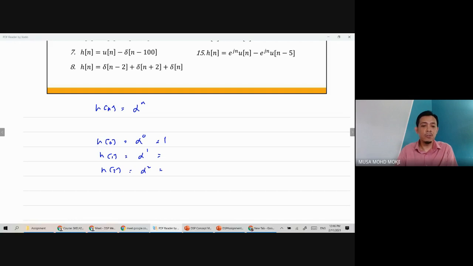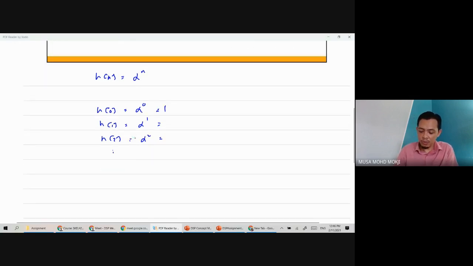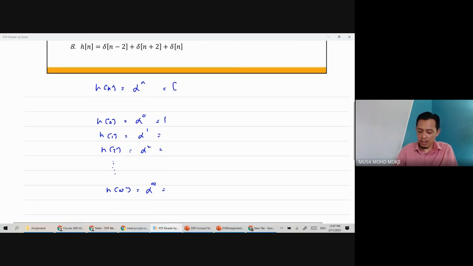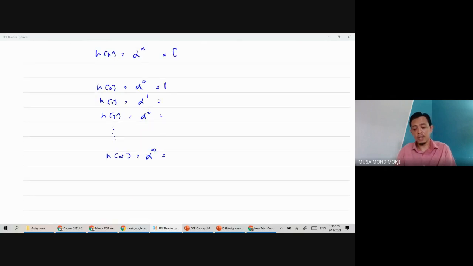Of course, you need to know what alpha is. Even if you go straight until H infinity, you will have a value. You still have a value. It's like you are writing this, and actually it's not only starting from 0 up to infinity.